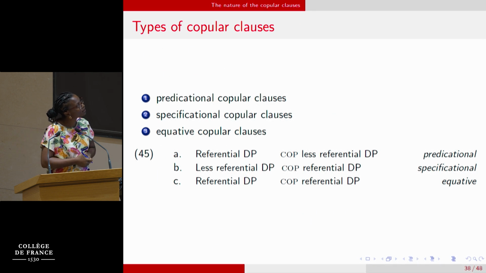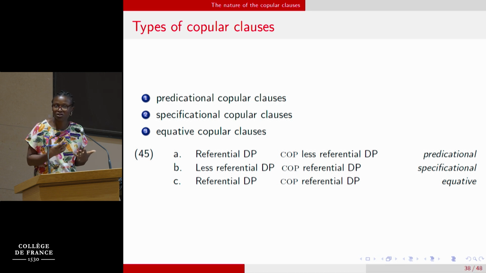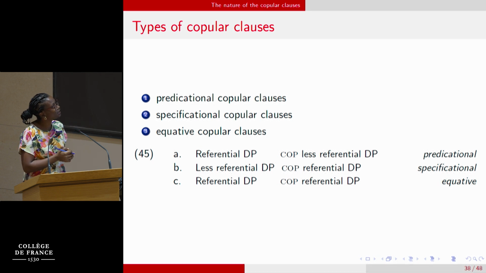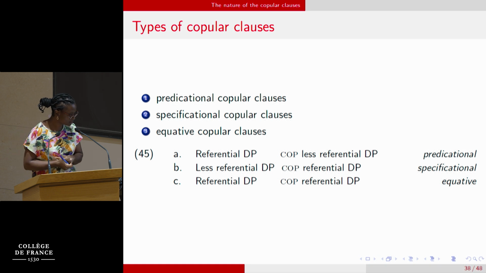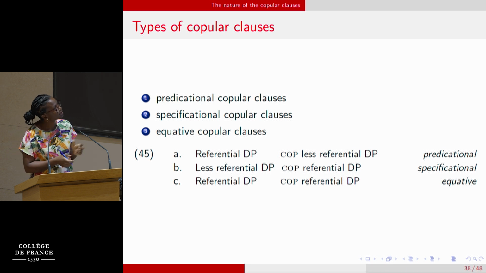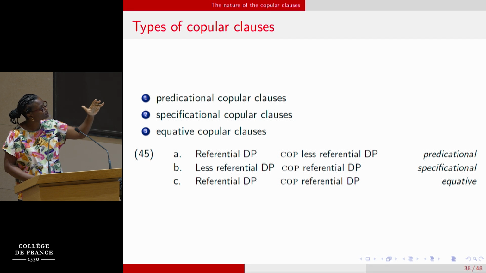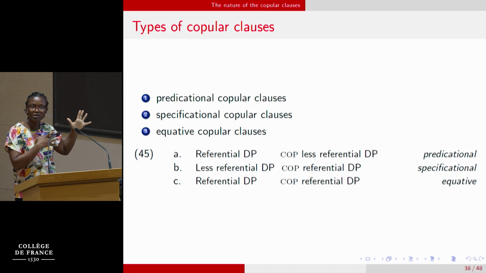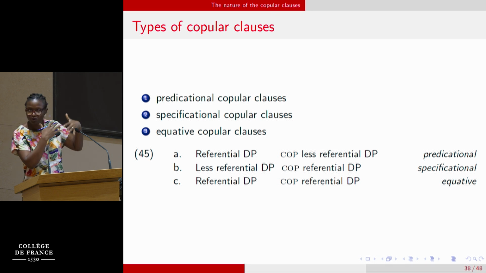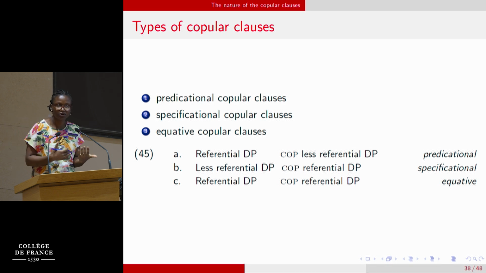If we start by looking at the popular classification of copular clauses out there, the assumption is that we have three kinds of copular clauses. The first one is the predicational copular clause. In predicational copular clauses, the idea is that the pre-copular noun phrase is always referential, while the post-copular one is less referential.